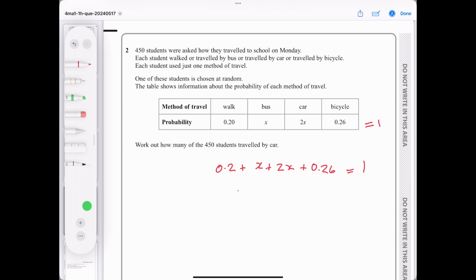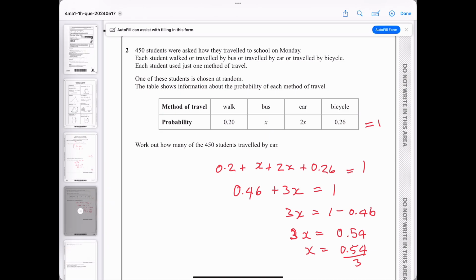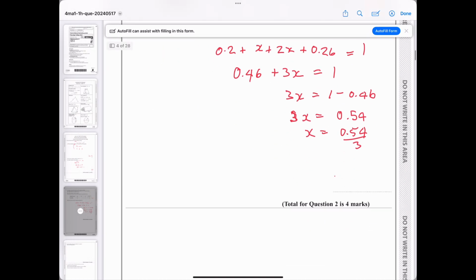Therefore 0.4 plus 3x equals 1. So 3x equals 1 minus 0.4, we'll take it off both sides, 3x equals 0.54. x equals 0.54 over 3, which is x equals 0.18.